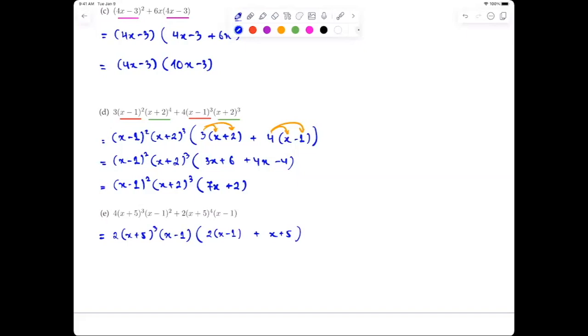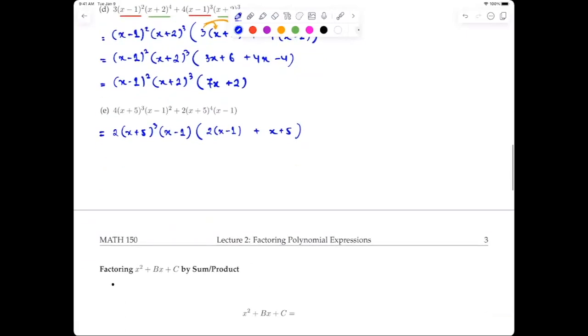So again, some of you did not take the 2 as the common factor at the end, but you still got the right answer. That is okay. So this can be written as 2 times x plus 5 to the third times x minus 1 times 2x minus 2 plus x plus 5.